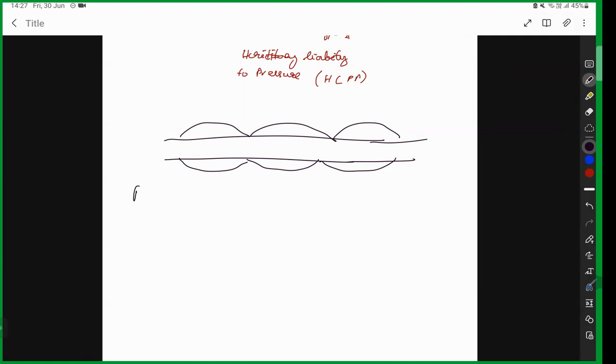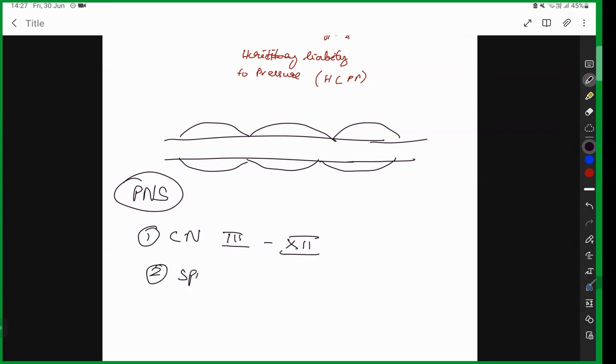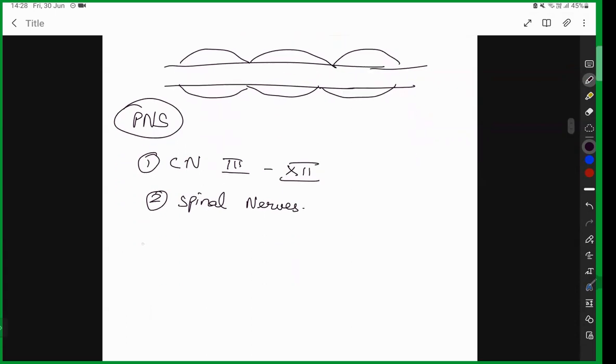Your peripheral nervous system includes, number one, cranial nerves 3 to 12. Second, spinal nerves. And number three, the Schwann cells. All these things, spinal nerves and cranial nerves 3 to 12, have regeneration capacity.